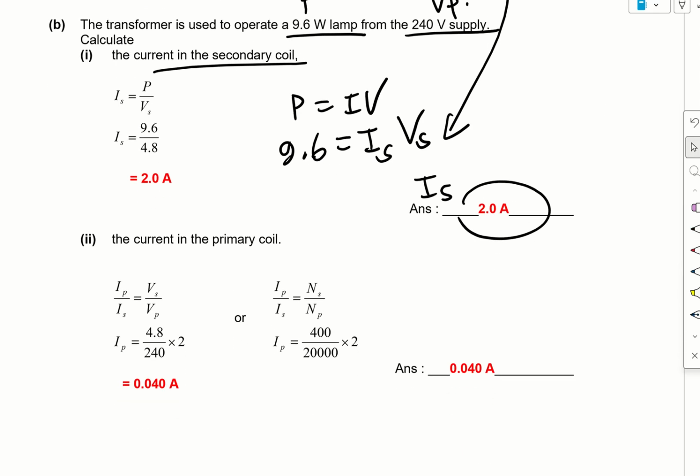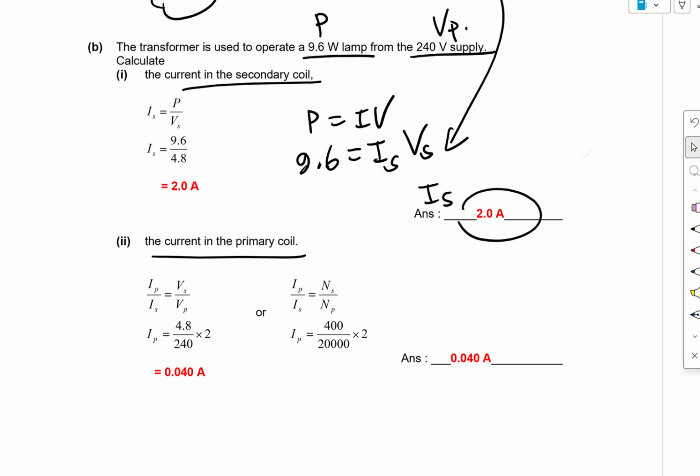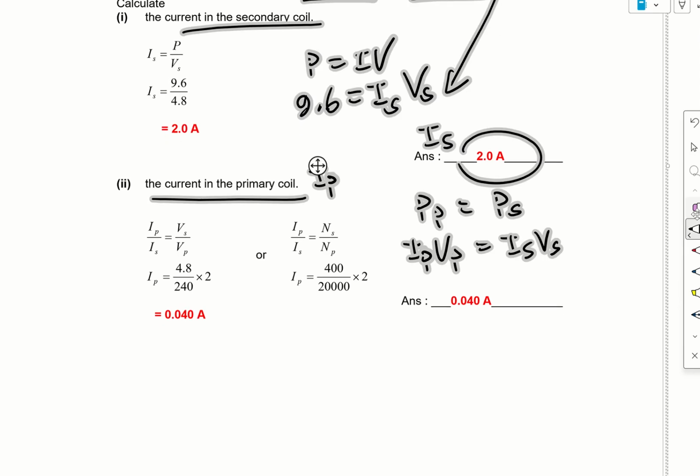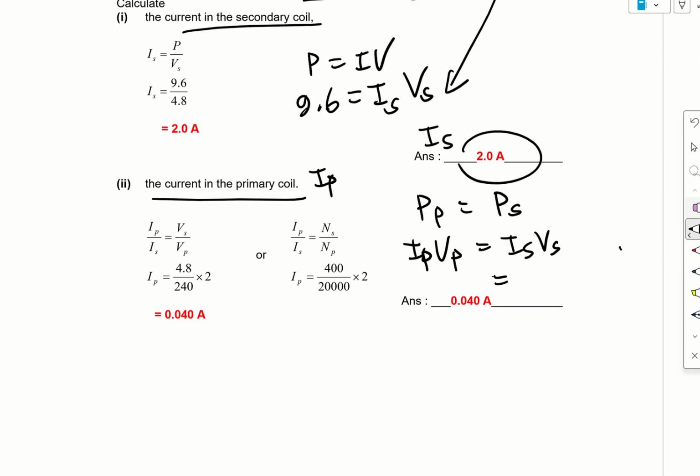So what's the current in the primary coil? Since PP equals PS, right? PP is made out of IP VP, and that equals ISVS. So I have my PS to be 9.6 watts, correct?